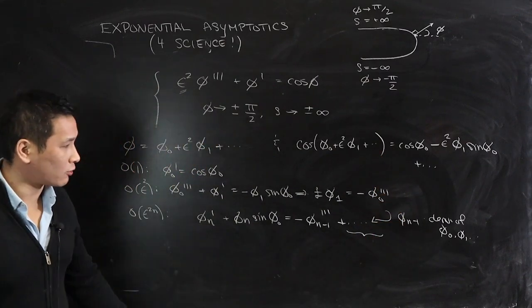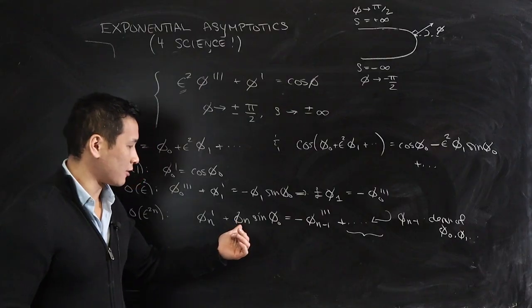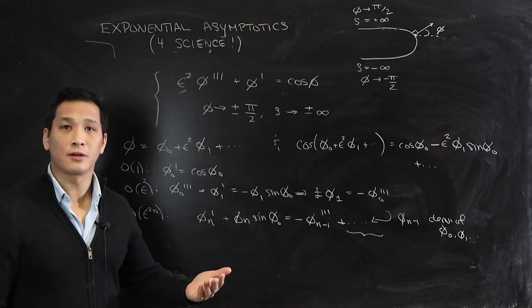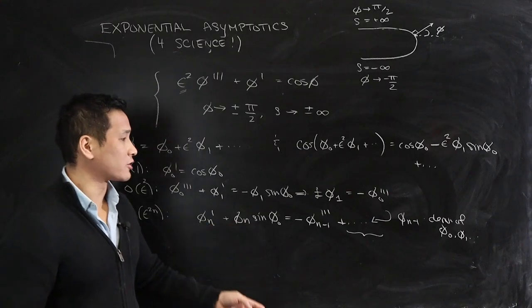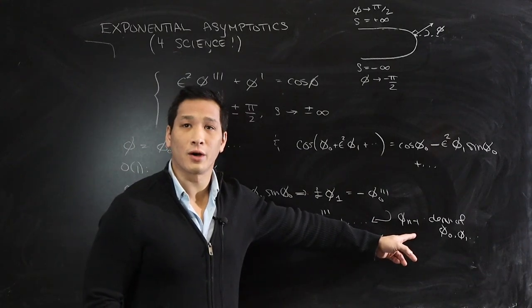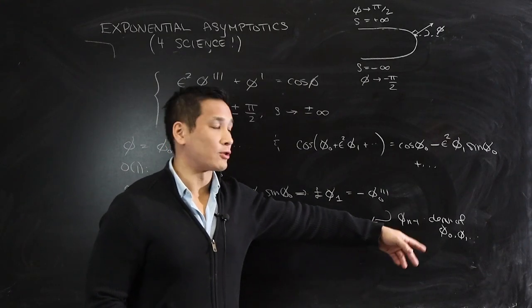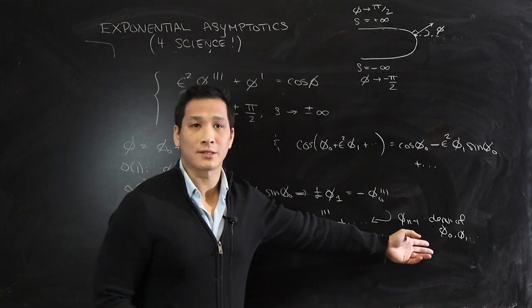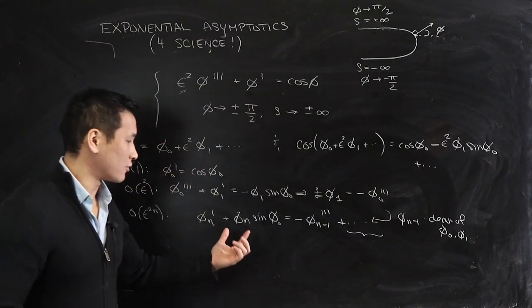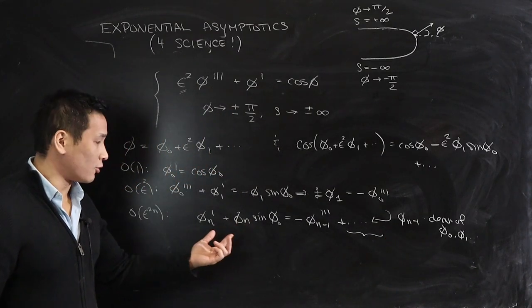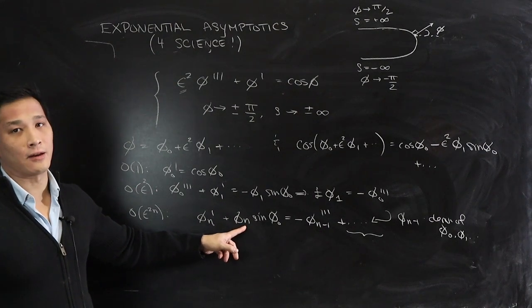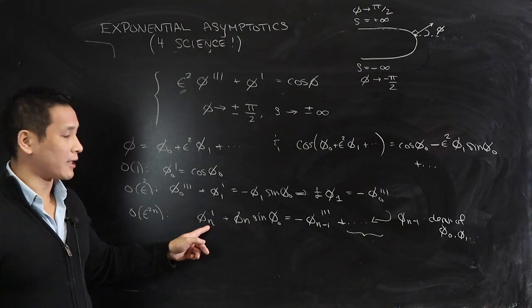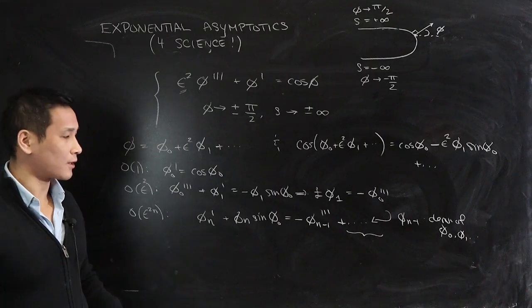The reason why you only need to keep this phi n here is because of the divergence. So as n goes to infinity, this phi n will be much larger than phi n minus 1, which will be much larger than phi n minus 2, etc. So it turns out you only need this one here. You also need to keep any terms which have a high index n and have a derivative in them. Okay?